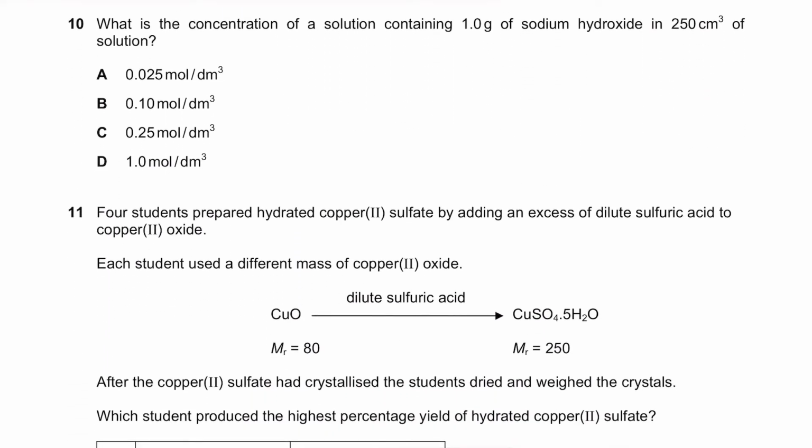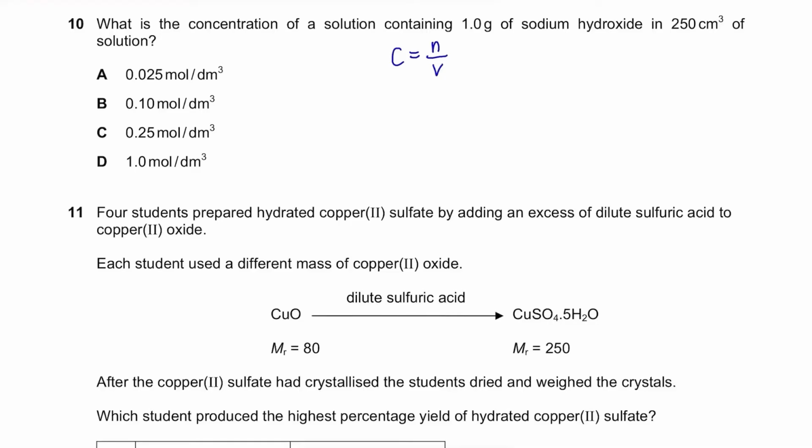Question 10. What is the concentration of a solution containing 1 gram of sodium hydroxide in 250 cm³ of solution? To find the concentration, use the formula concentration equals number of moles divided by volume.